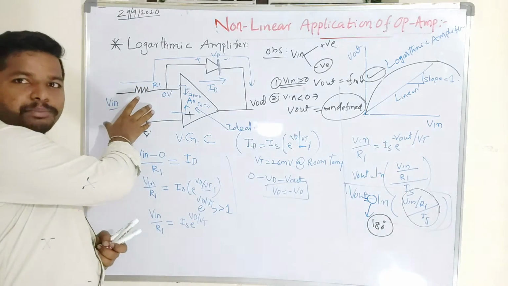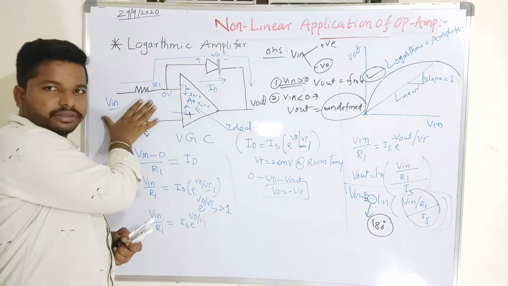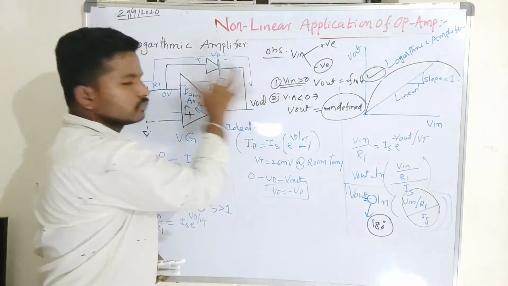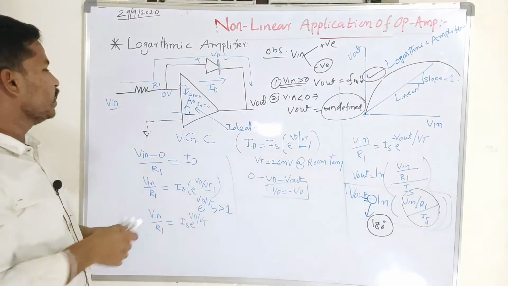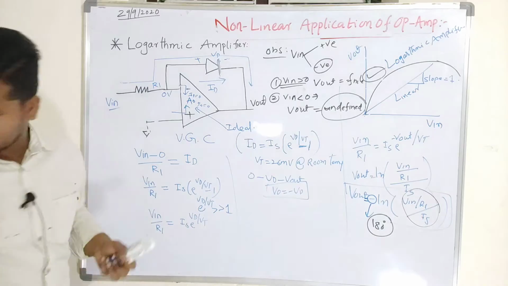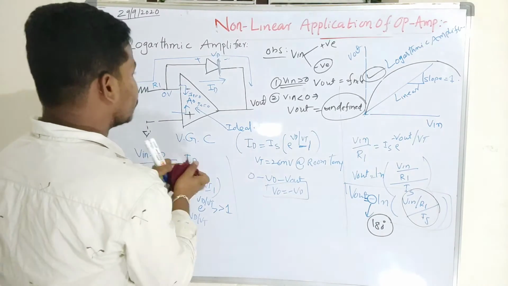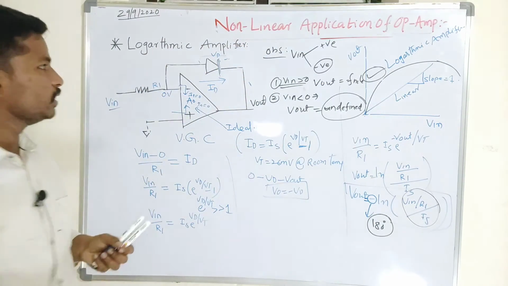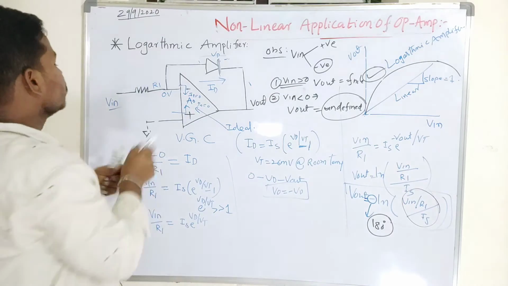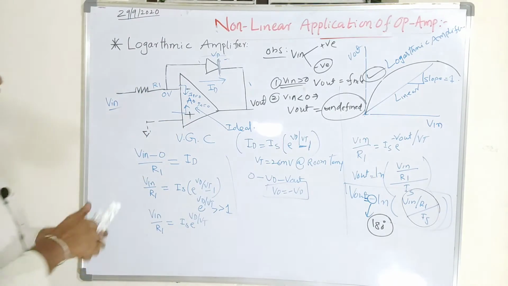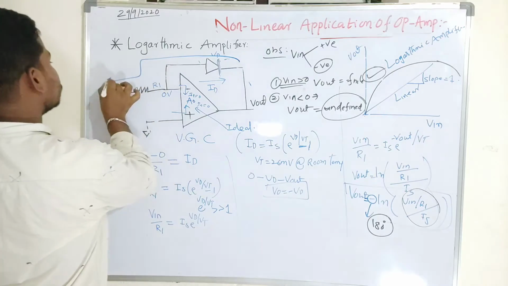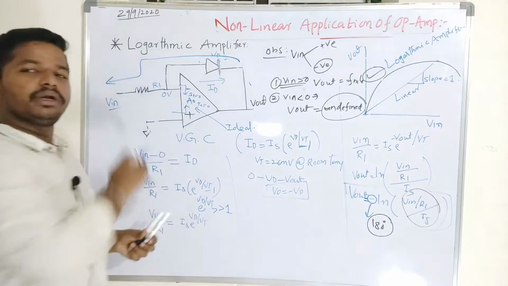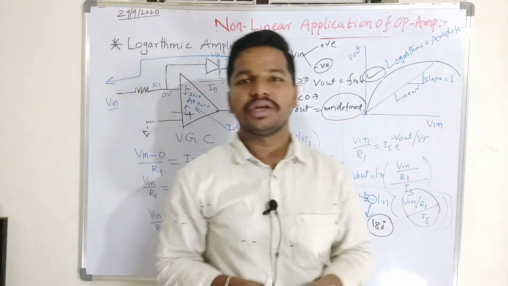When I make this input less than 0, till now the current was flowing in this direction. If I make V input less than 0, the output will become negative saturation, so the current has to flow from the N terminal to the P terminal, which is not possible in reality.